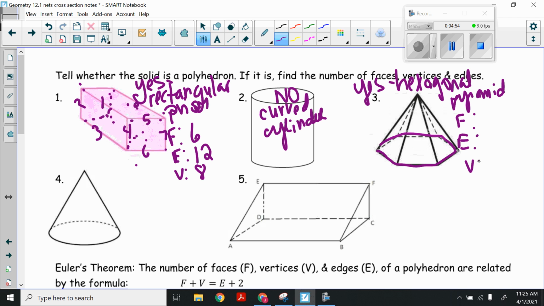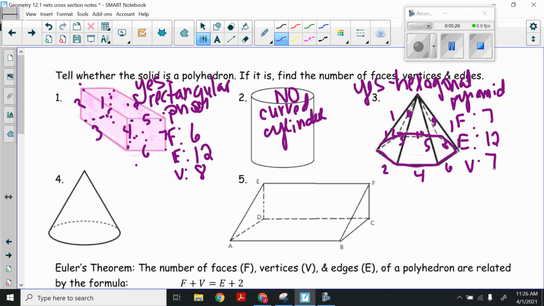So the faces, we have 6 triangles that make up the sides around the pyramid, and then we have the hexagonal base, so that makes 7 faces. Edges, again, we can count them. I have 1, 2, 3, 4, 5, 6, 7, 8, 9, 10, 11, and 12, so 12 edges. Vertices where they all meet, we have 6 down here on the bottom, and then the one at the top, 7 vertices.